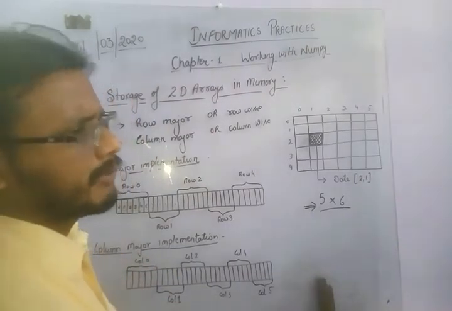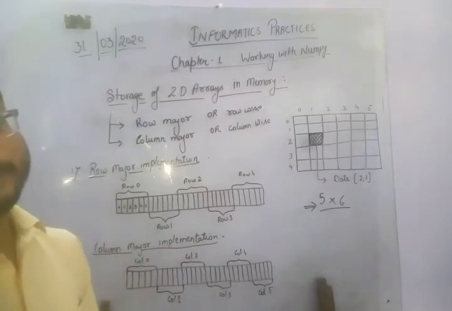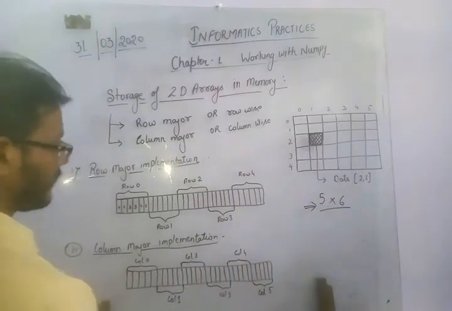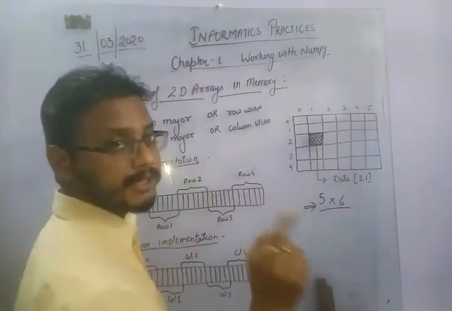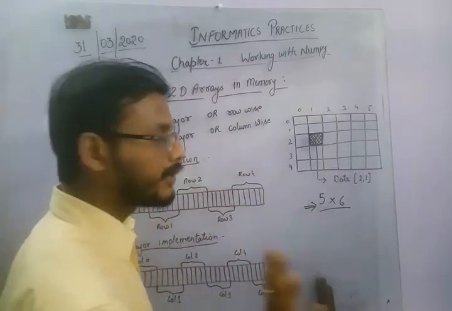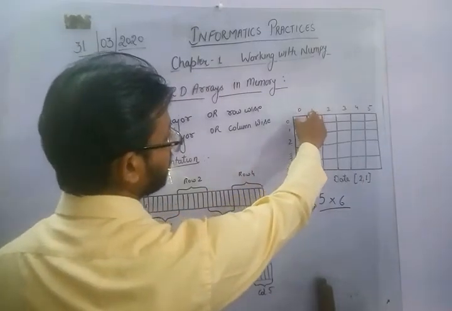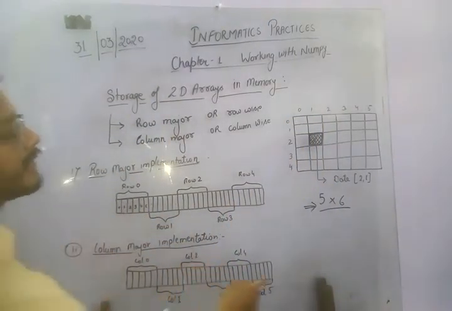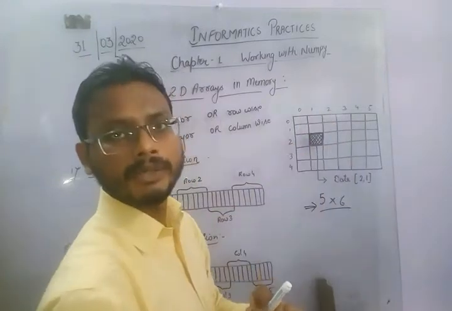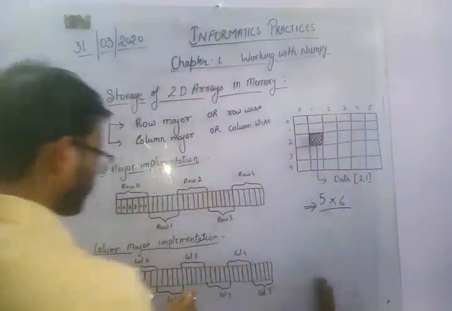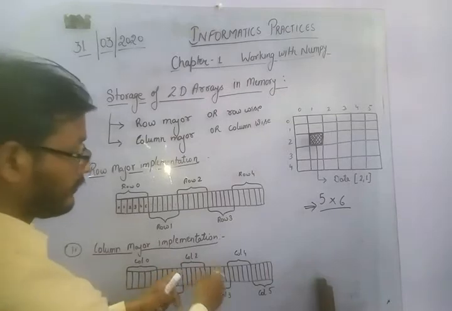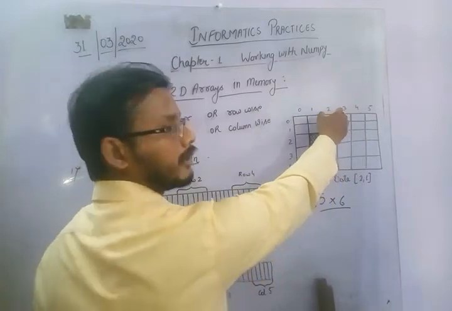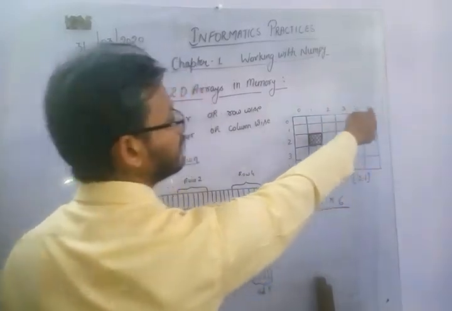In column major wise implementation, it is much similar to row major wise, just you have to take the columns in a linear sequence. For example, take the first column here, with the index value 0, and put it here as column 0. Now take the second column with the index value 1 and put it here as column 1, then column 2, column 3, column 4 and column 5.